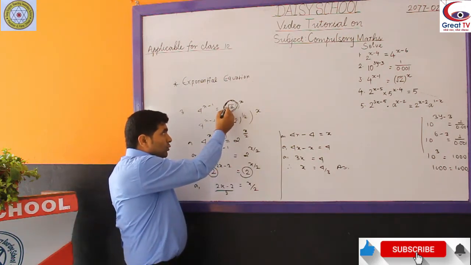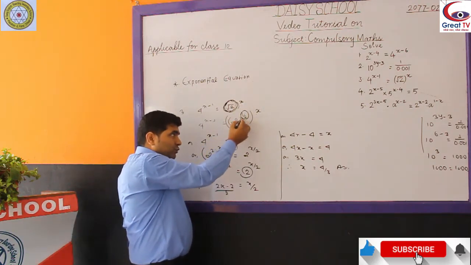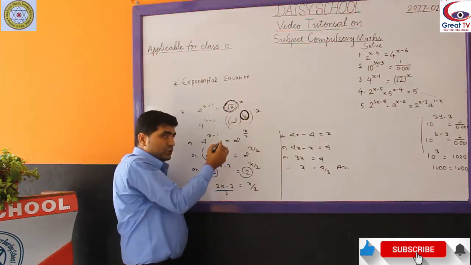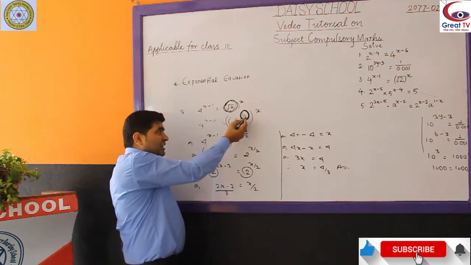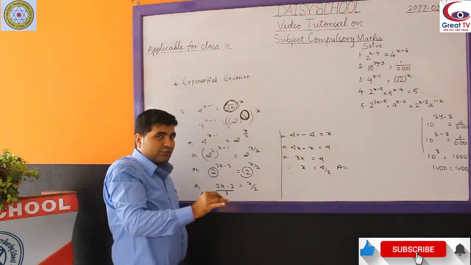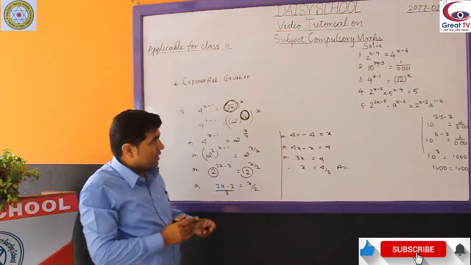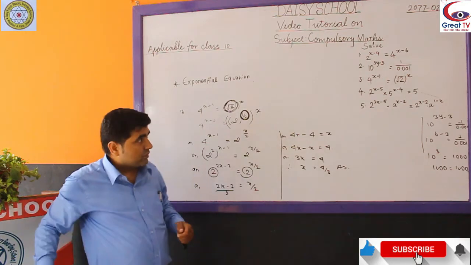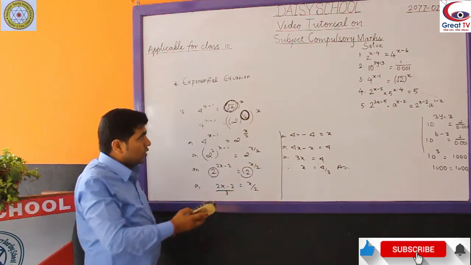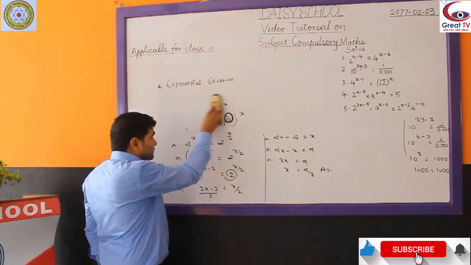So here 2 will change into the exponent 1 by 2. When you change it back to order, again 1 by 2, that means 2. That is the order of that surd. Now students, question number 4.